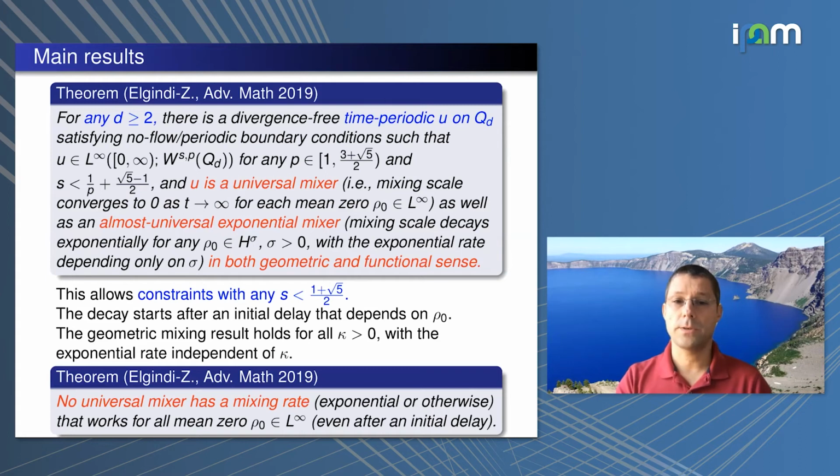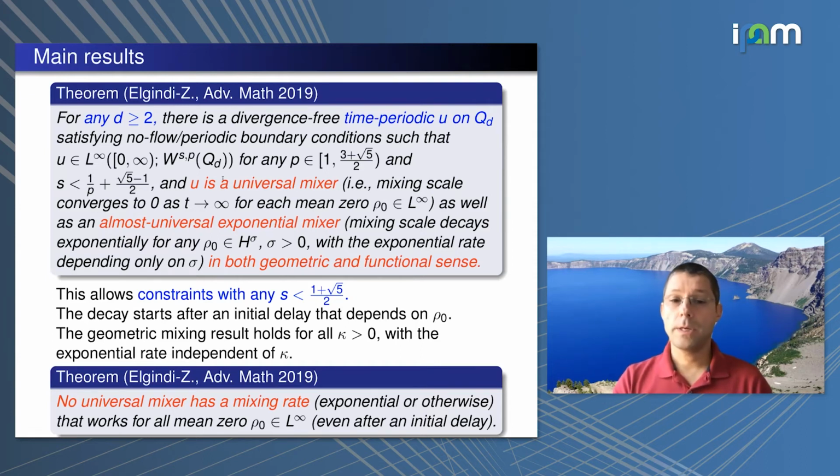Obviously it satisfies the right boundary condition, and is incompressible. And it's in this W^{1,p}-type space with uniform bound for p in the same interval as in my paper with Yao, and s less than this number. And this means that if you take p equal to 1, which gives you the largest range for s, you get s less than (1 plus square root of 5) over 2, so the golden ratio.